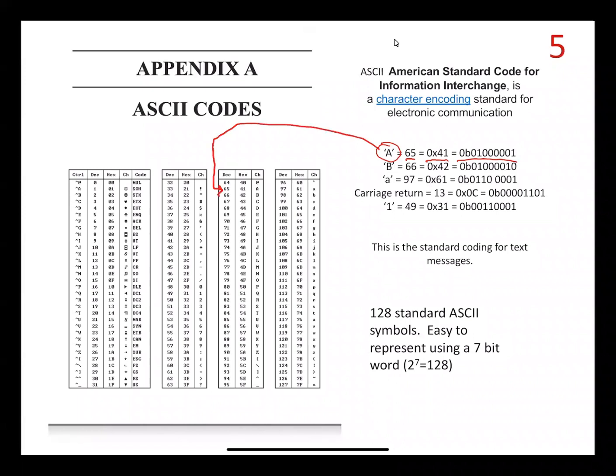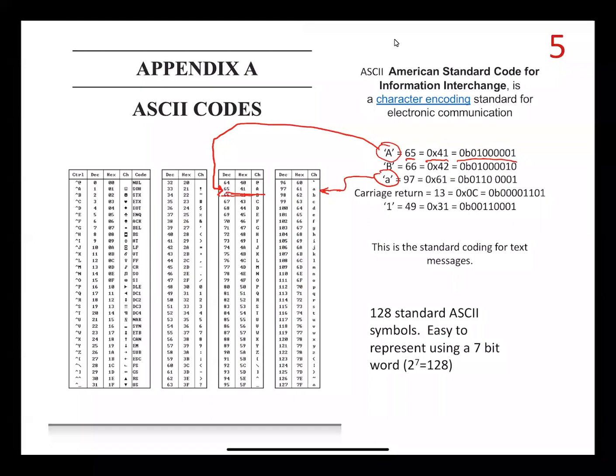So anytime we want to represent A in ASCII, we would represent it with one of those values: decimal 65, hexadecimal 41, or the corresponding binary pattern. And if we wanted to represent lowercase a, we could find that on this table. It's represented by the number 97. So that's in 7-bit ASCII.